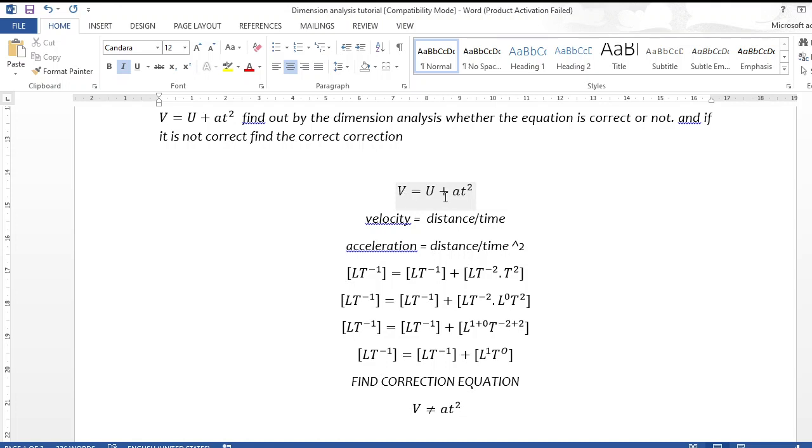But V is equal to U. We have proved here that V is equal to U. But V is not equal to A T squared. So we need to find that part which is missing.